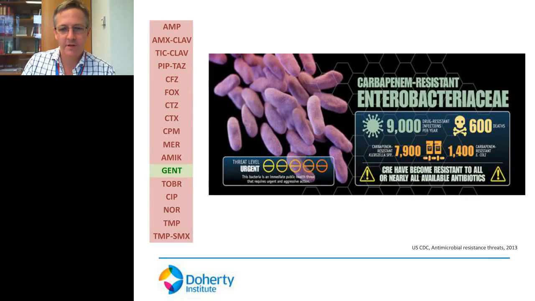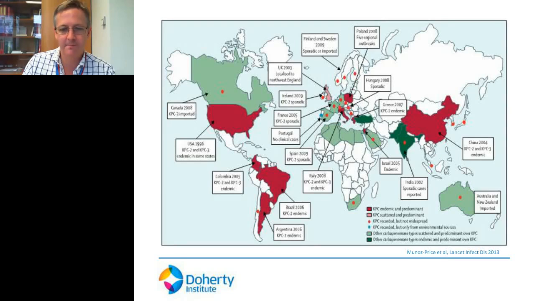Many of you who work in the clinical laboratory will know that carbapenem-resistant Enterobacteriaceae are really a very urgent international antimicrobial resistant health threat, and this is why, because essentially on the left there, they're resistant to almost all antibiotics. In this particular outbreak, a number of them were susceptible to gentamicin but resistant to everything else. And there's a high risk of mortality and morbidity associated with these bacteria.